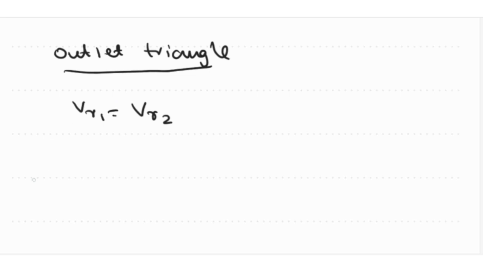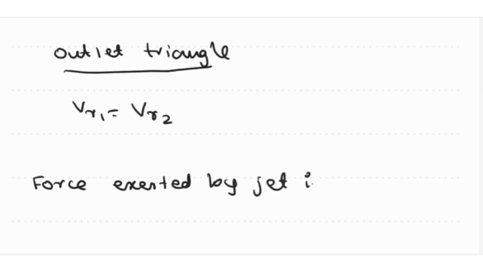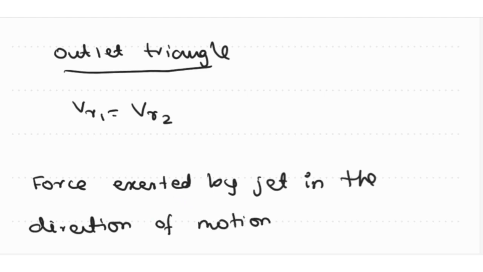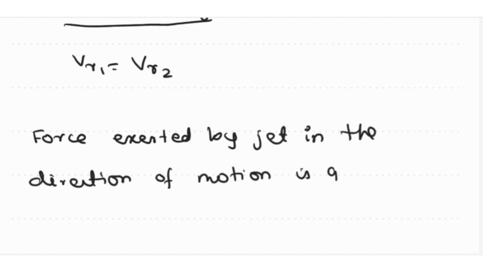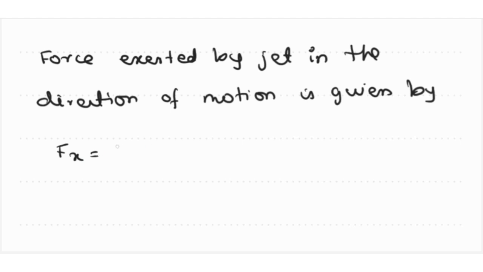We will have the equation for the force exerted by the jet in the direction of motion, given by Fx is equal to rho into a into V1 into (Vw1 plus Vw2).